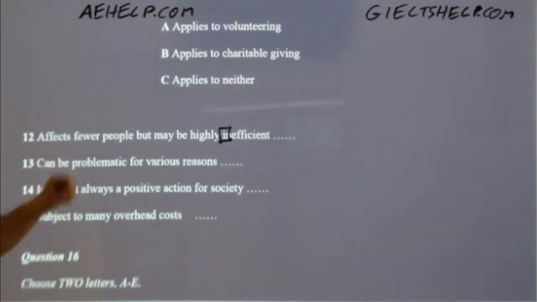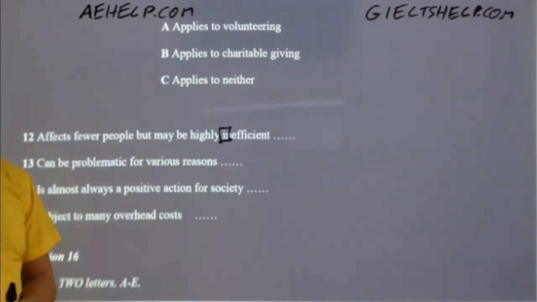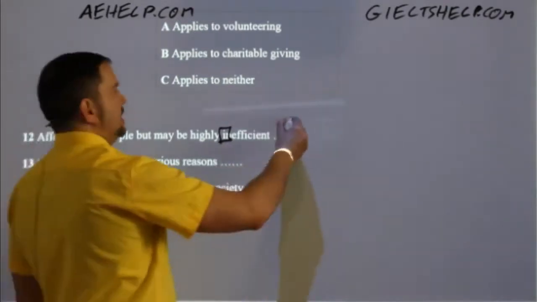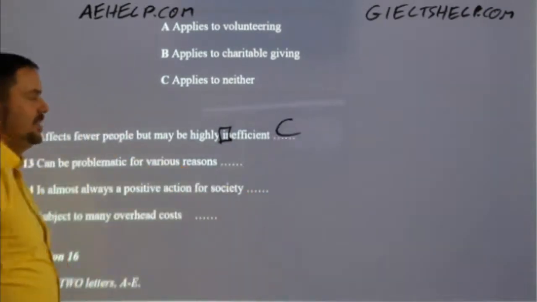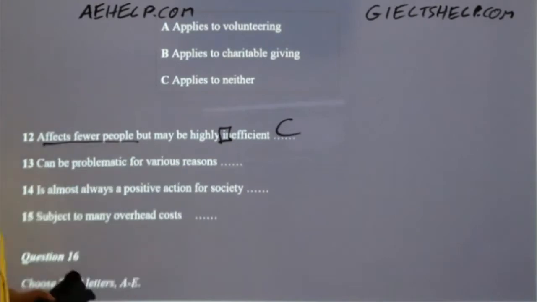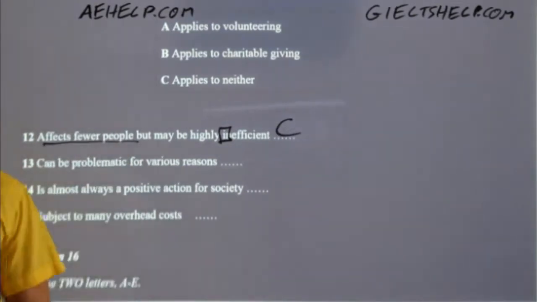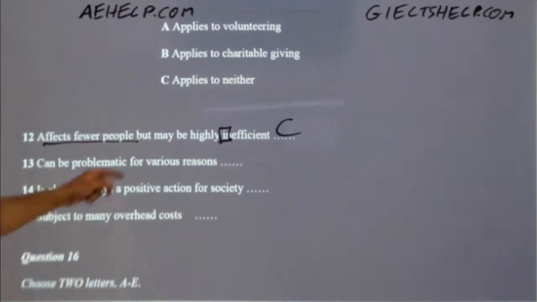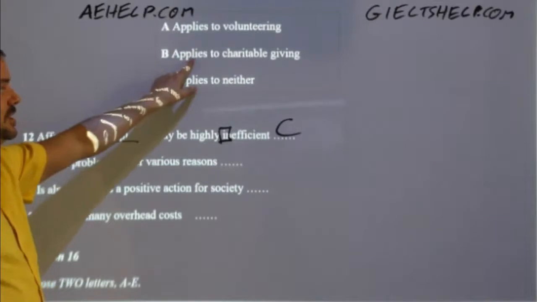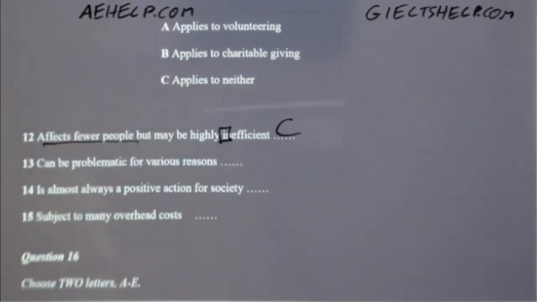The correct answer is C, neither, okay? Because of affects fewer people. Charities affect usually a lot of people. So the first answer is C, applies to neither of them. Both of these, volunteering is efficient and charities usually affect a lot of people, okay? So number 12 is C.